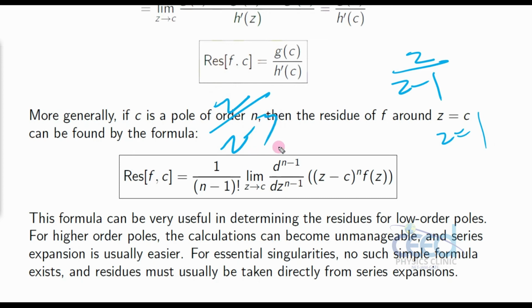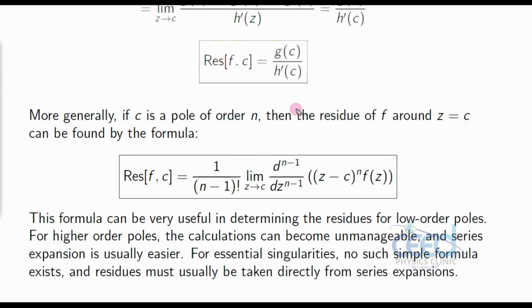Suppose you have second order, third order, higher order poles. Suppose you consider an equation z by z minus 2 whole square.